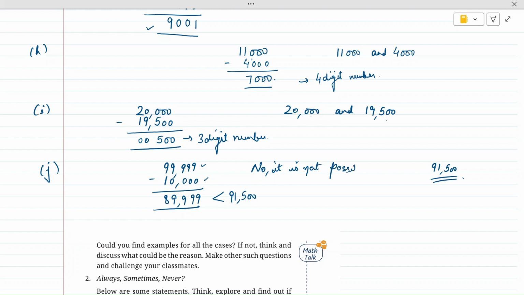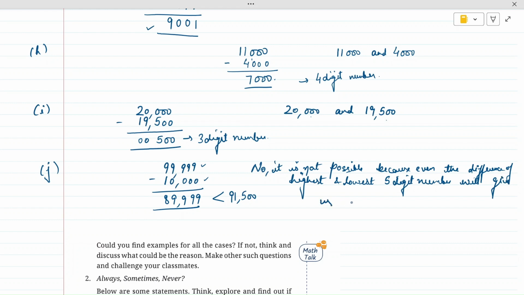Okay, no, it is not possible, because even the difference of the highest and lowest 5-digit number will give us 89,999, which is less than 91,500.